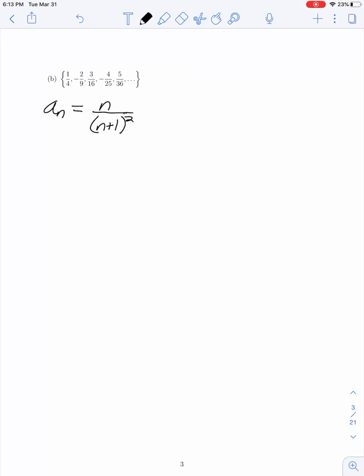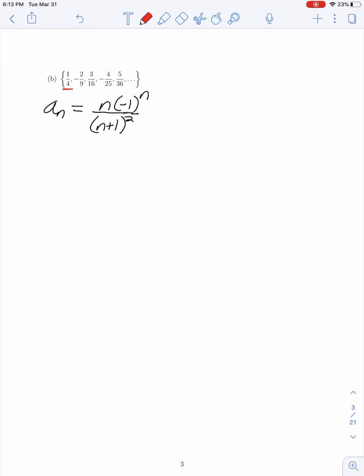And the last thing that we notice for the pattern in the terms of this sequence is that they're alternating in sign. The first one's positive, second one's negative, then positive, negative, positive, and so on. So to capture an alternating sign, we could think about multiplying this number by -1 to some power. Now, the power that I raise -1 to, if we're going to have an alternating sign, we could either take it to the n power or the n plus 1 power.